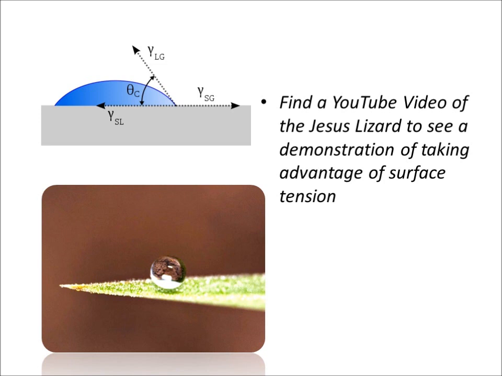The surface tension effect is partly determined by the properties of the medium with which the water is coming in contact, and partly by the chemical properties of the water itself. At the top is a diagram of how the surface tension effect is applied and what the force vectors look like.